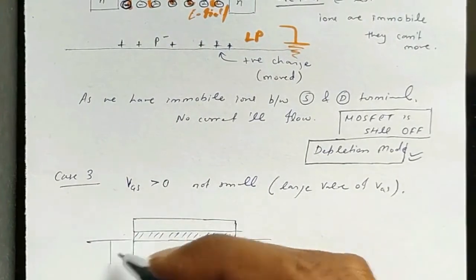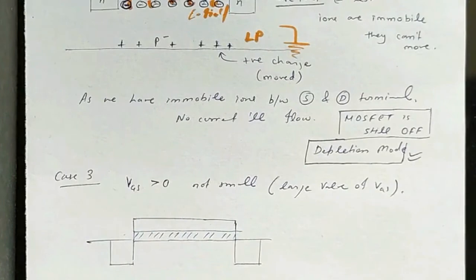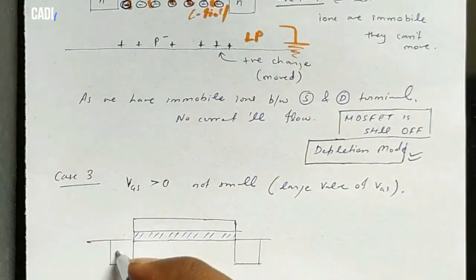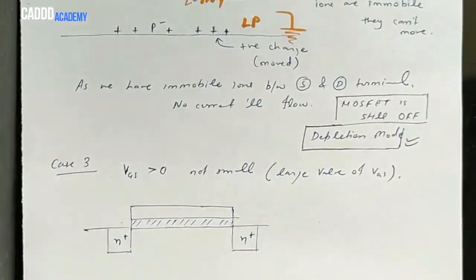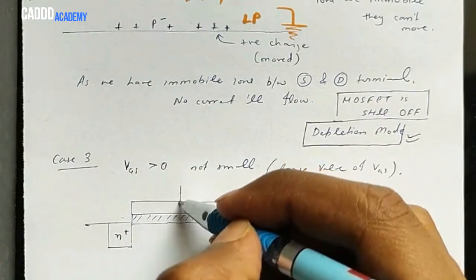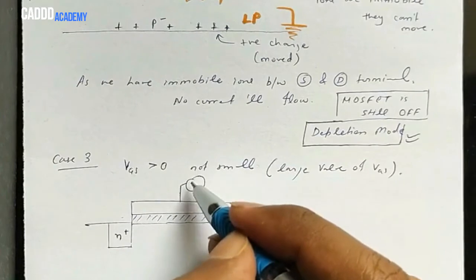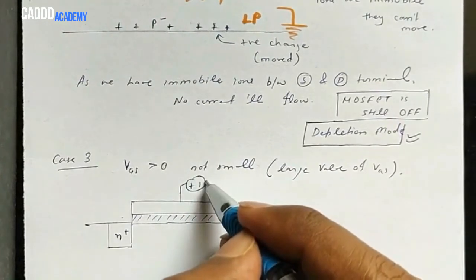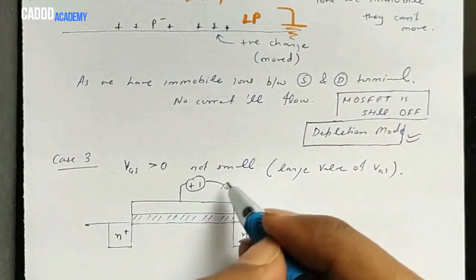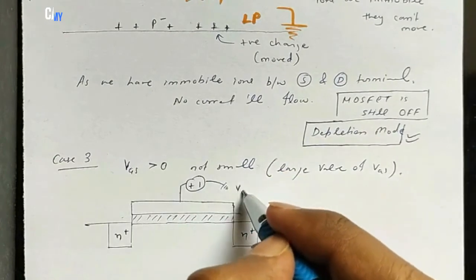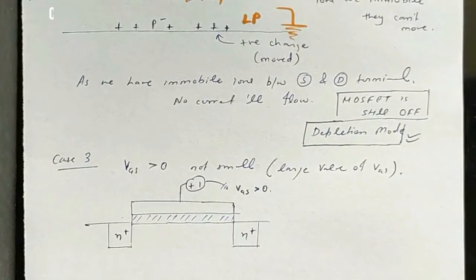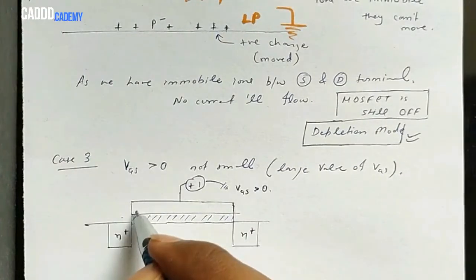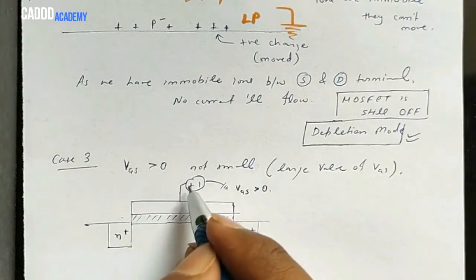This is also an N plus region. Now at the gate terminal we have applied a voltage, VGS, which is greater than 0 here. So what will happen?